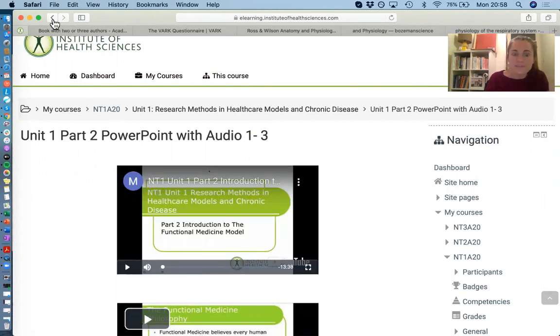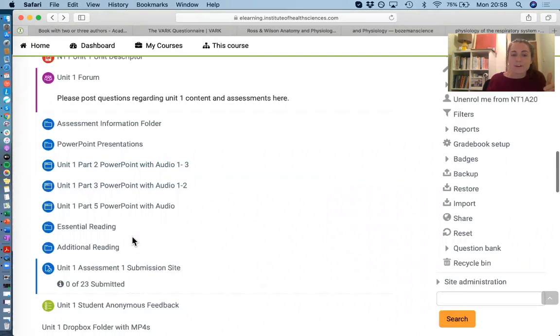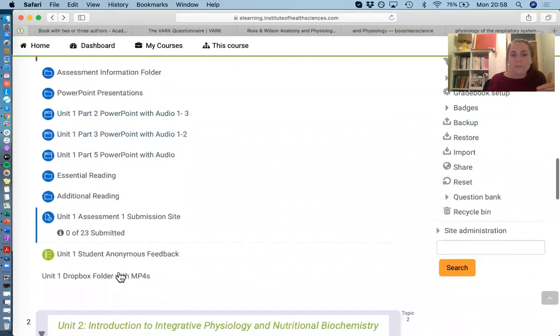But every one of these videos is also available to you in MP4 format, and you can access them via Dropbox. Dropbox is an online storage system, and you can set up a free account. Just click onto dropbox.com and they'll direct you on how to set up accounts. It's straightforward. All of the videos that we've provided online that you can stream on Moodle, you can also access here via Dropbox.